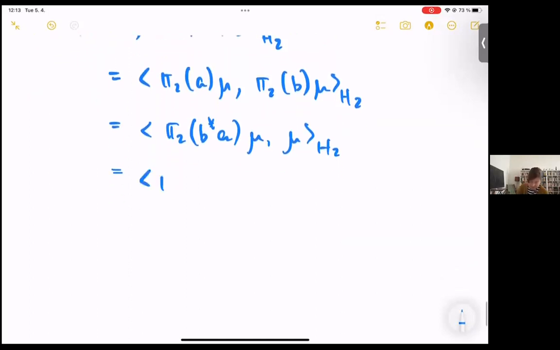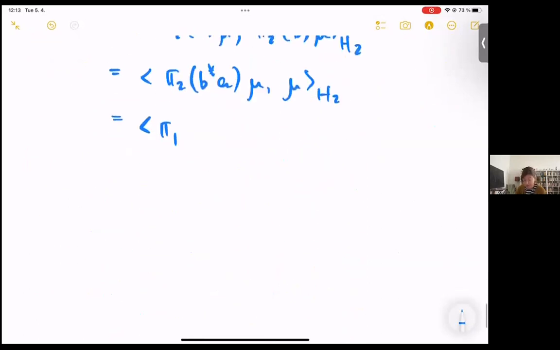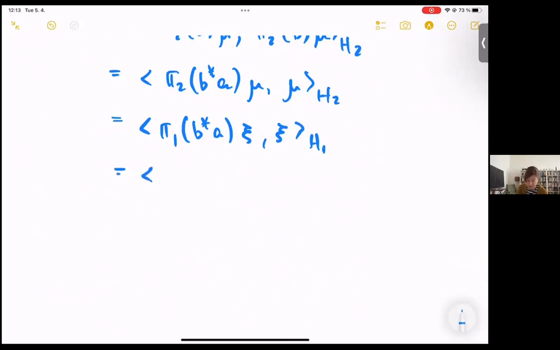And then again, by our assumption here that pi 1 a psi is pi 2 a mu, we see that this is the same as pi 1 b a star psi in H1. And then we can just move our b back across.